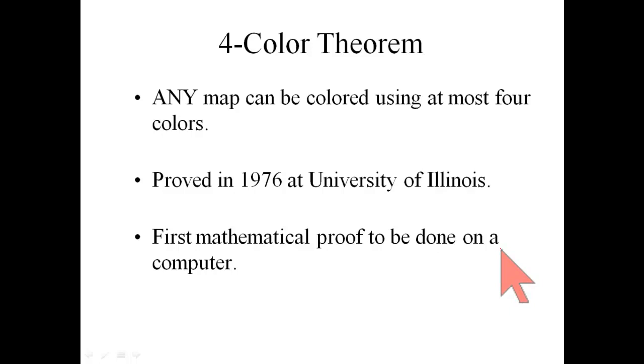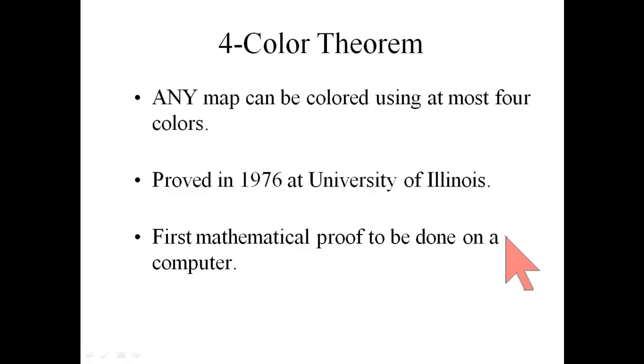We're not going to do that in this particular course, but it is an important part of the work of a mathematician. Well, this 4-color theorem was actually a conjecture made in the 1800s, around 1850 or so. A mathematician proposed that any map could be colored with 4 colors, but he wasn't able to prove that. It just seemed right. And so many mathematicians after that tried to prove the 4-color theorem with rigorous logic.